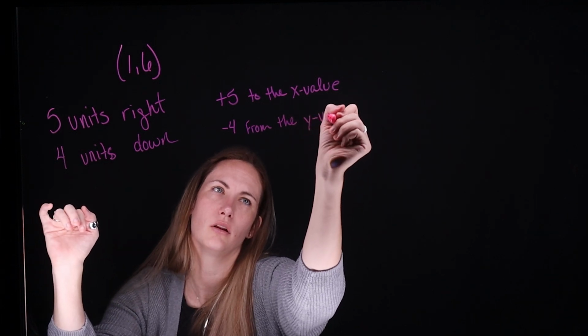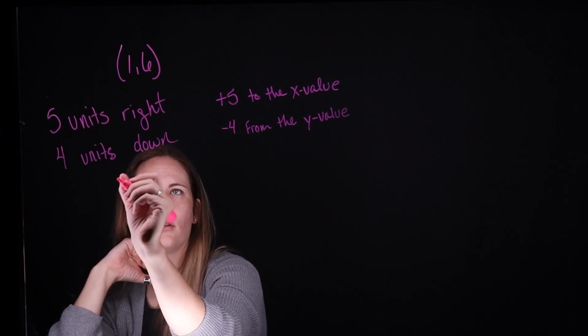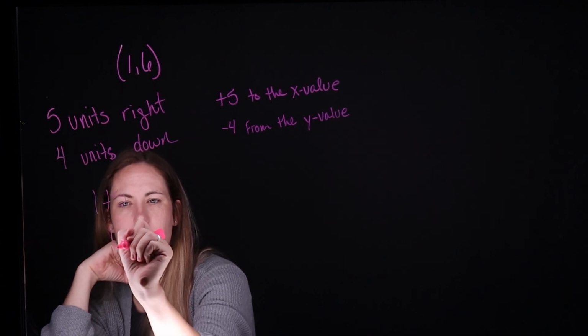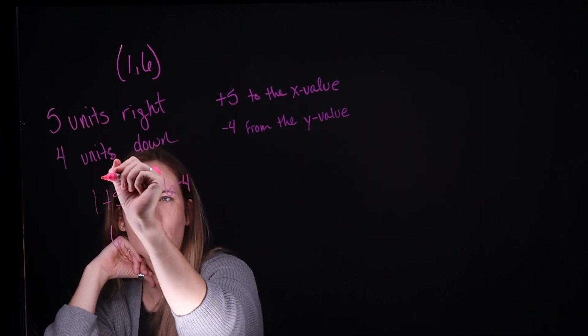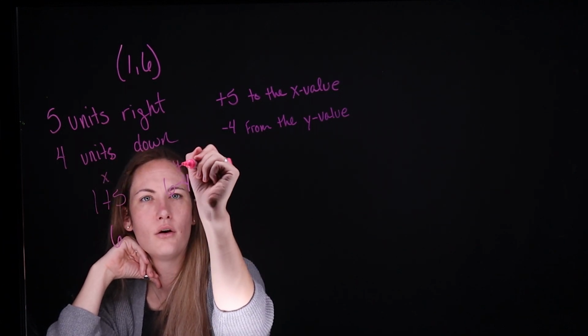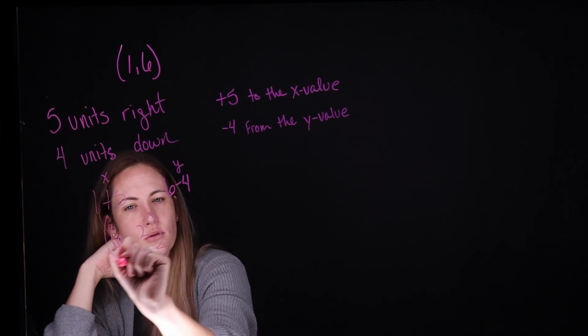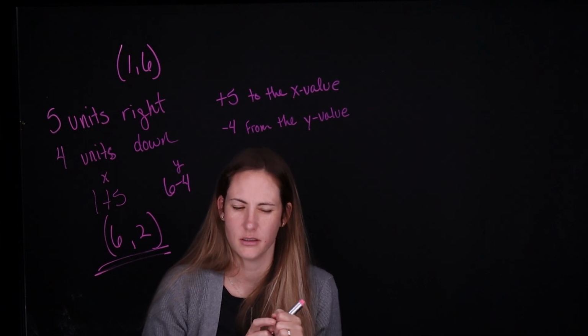If it would have been plus 4, we would have added 4 to it. So I'm going to have 1 plus 5 for my new x value, which is going to be 6. And then I have 6 subtract 4 for my new y value, which is going to be 2. So this would be what they want. I hope that makes sense.